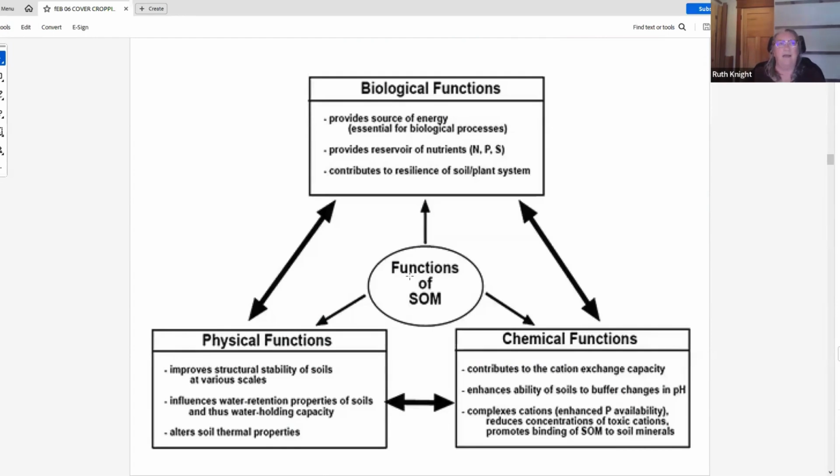Something that is highlighted in terms of soil health is the soil organic matter, and I just wanted to remind again that the functions of soil organic matter impact the chemical functions, as well as the physical functions and the biological functions.